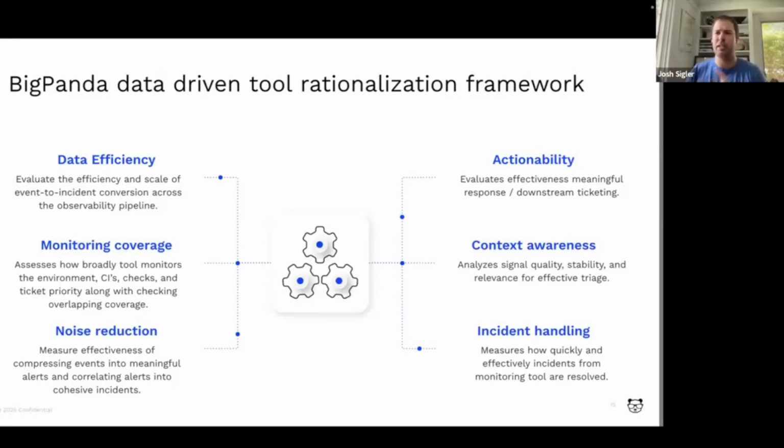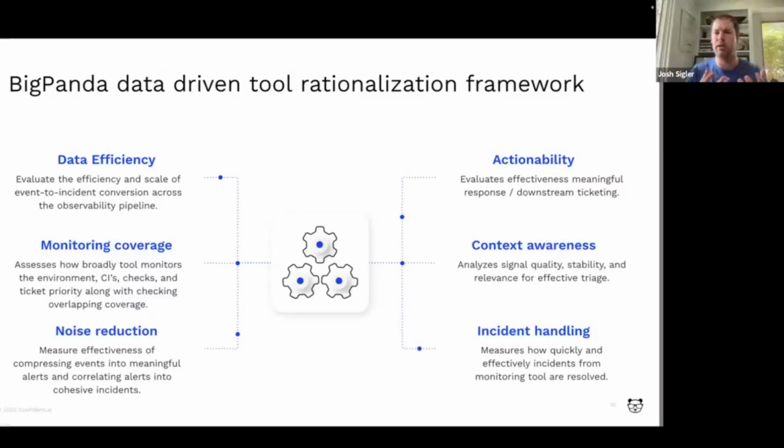We look at actionability. These tend to be a bit more of BigPanda metrics in terms of how good is my correlation? How good is my deduplication? How good am I at invoking incident response when I have incidents coming through? I'll circle back a little bit on actionability. Context awareness as well. How good are we at enriching alerts as they come through? What's the alert quality?